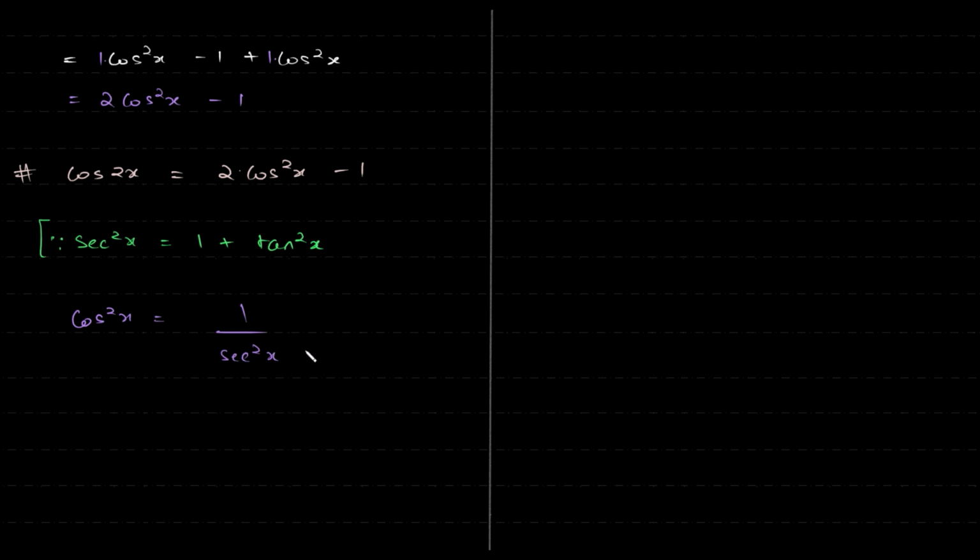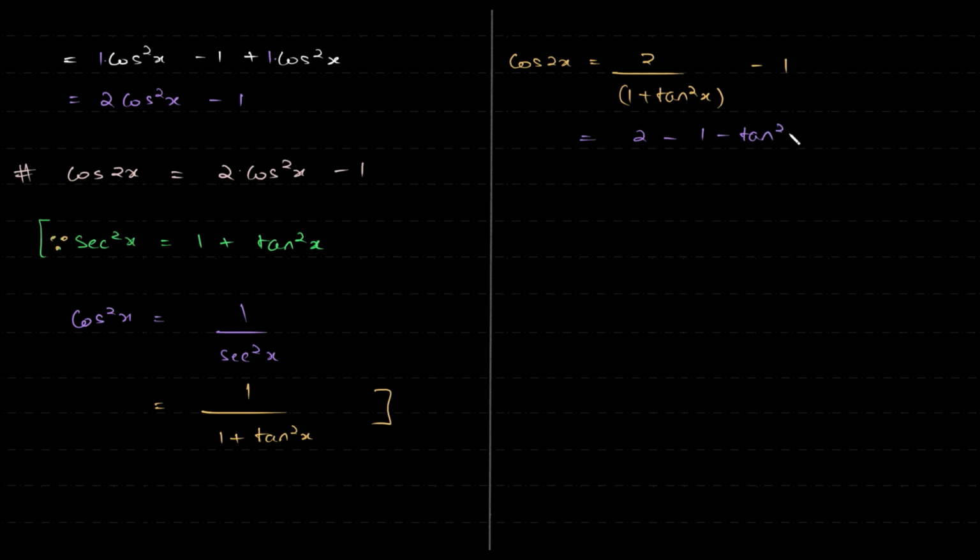And so we have this entire expression is equal to 1 by 1 plus tan square x. And when I substitute it over here, cos 2x is equal to 2 times of 1 by 1 plus tan square x minus 1, and as and when we take the LCM, we end up with 2 minus of 1 minus tan square x. Remember, this is in brackets. When I open the brackets, we'll get that.